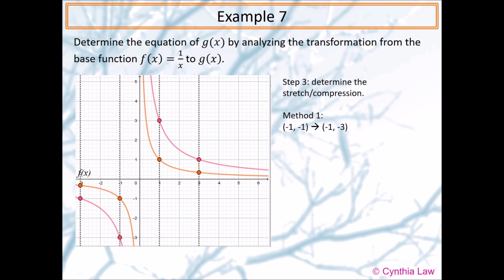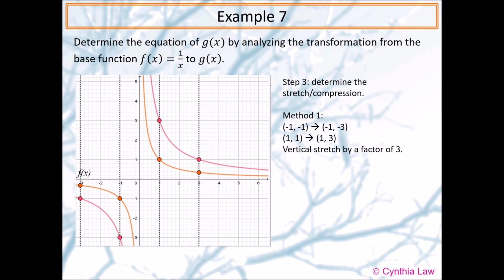I have the point -1, -1. After the stretch, it became -1, -3. I also have another point started from 1, 1 and then ended up at 1, 3. So that means we have a vertical stretch by a factor of 3.